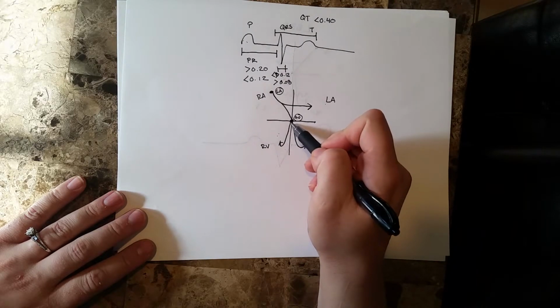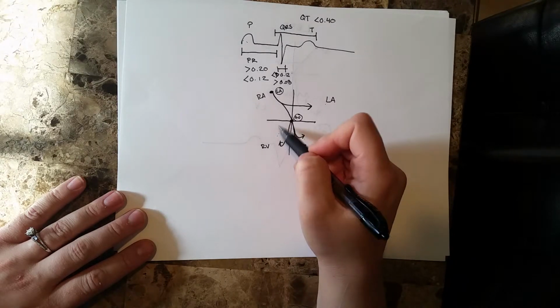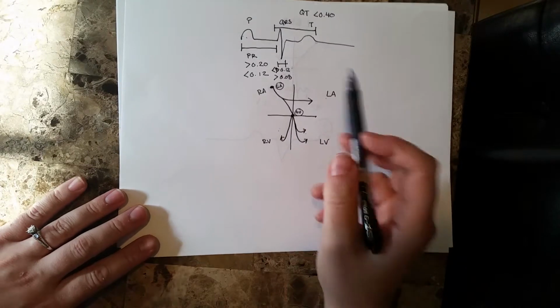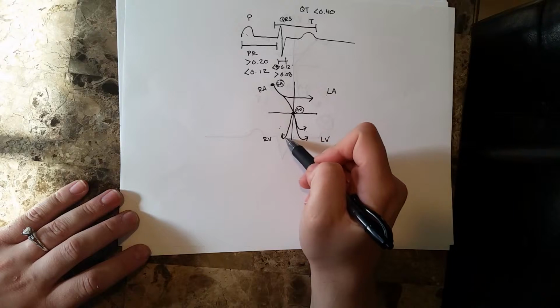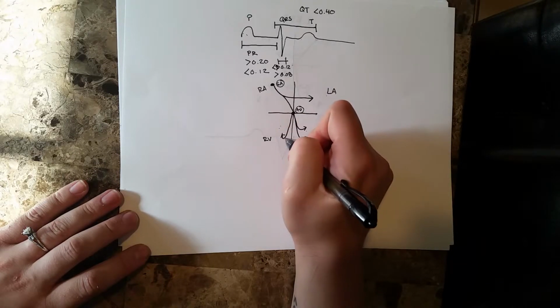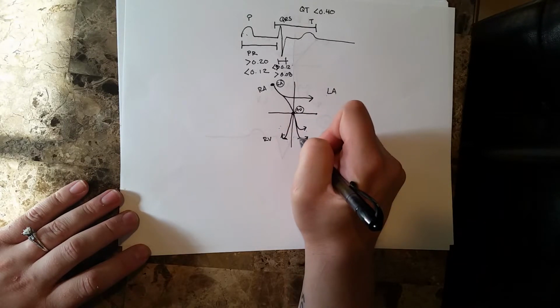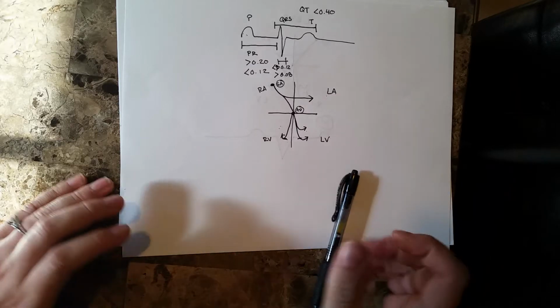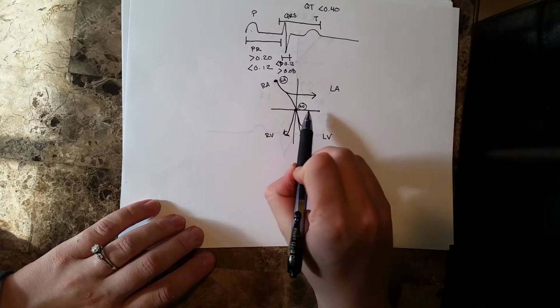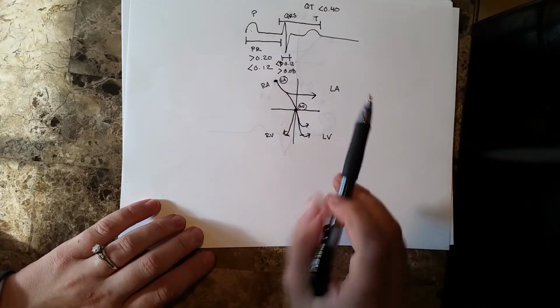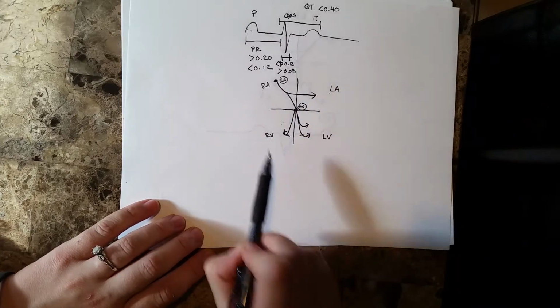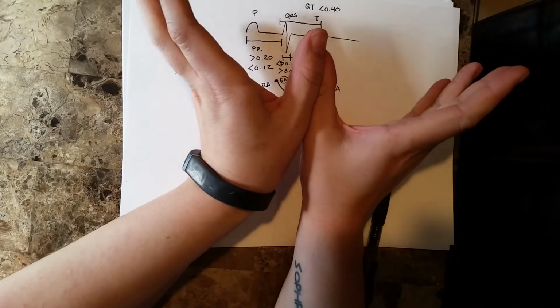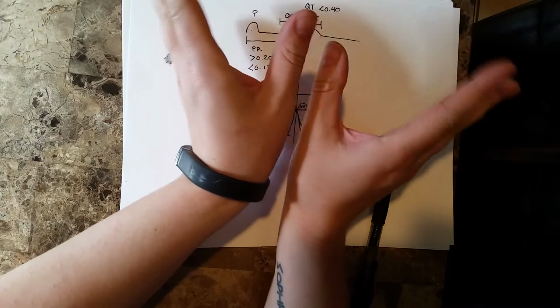It's all isolated and bundled together at the top. As it gets down, it starts to split apart into different fibers. The point of this is that they don't want the electricity to start happening until it actually hits the bottom of the bundle branches. If you remember your anatomy, the aorta comes up towards the top. The pulmonary artery shoots up towards the top. So you want your ventricles to squeeze from the bottom.